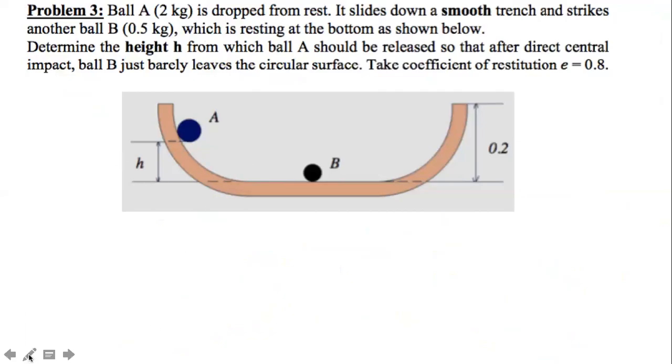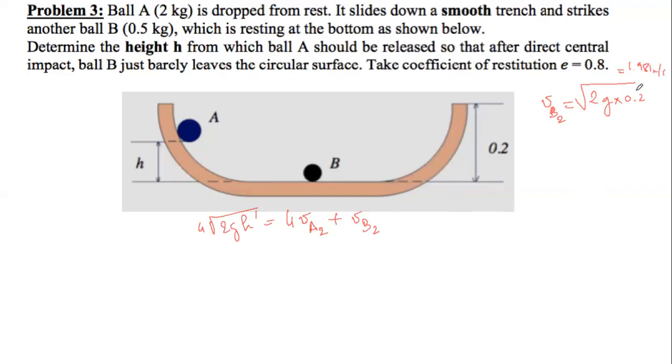First equation is this equation here: 4 times square root of 2GH is equal to 4 times VA2 plus VB2. We already showed that VB2 is just square root of 2G times 0.2, and we calculated it, 1.981 meters per second.